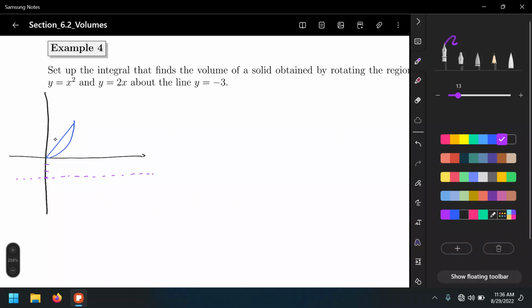Now, how many units is the region of integration away from the axis of revolution? 3 units. Okay, I'm going to count 1, 2, 3 units on the other side, and I will think of this axis of revolution as a mirror, and we will get this, right?